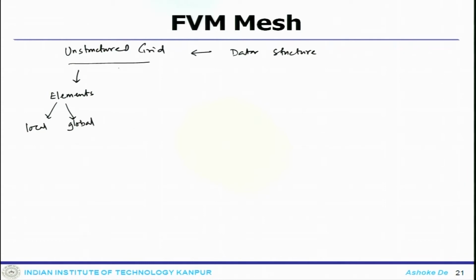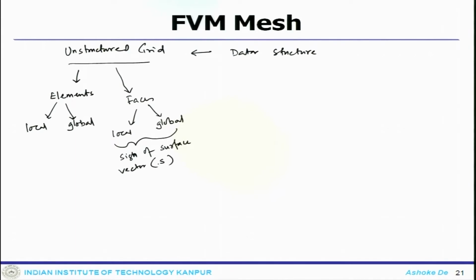Then you have connecting faces, where you have a local indexing and a global indexing, which will take care of the sign of the surface vector S. Then you need to have the information about nodes.